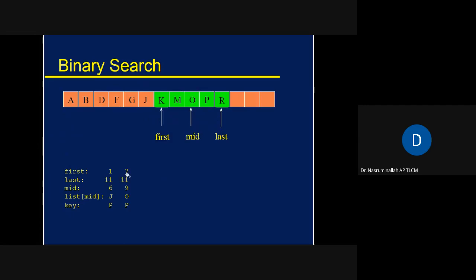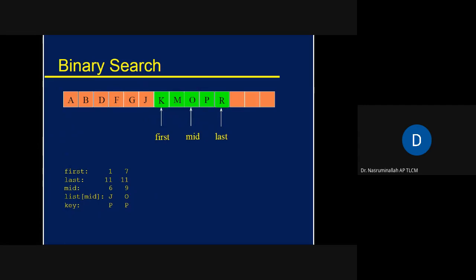Here the first is at index 7, last is at index 11. 7 plus 11 is 18, divided by 2 is equal to 9, and at the mid the existing element is O, and the key that we are searching is P. So P is not equal to O, and of course the key is greater than the middle element, that is O. So again we have to consider the right sub half in order to find the key.